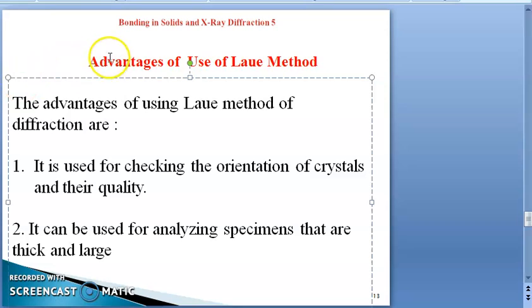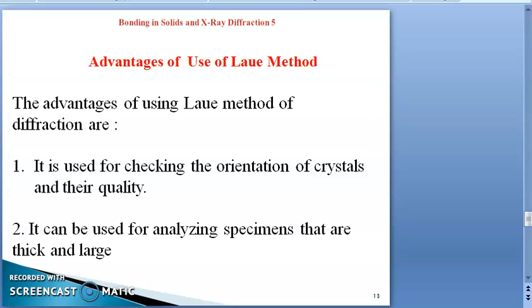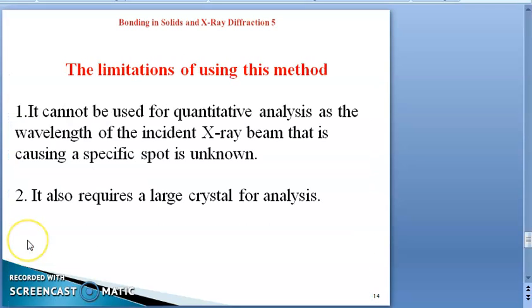So this is another advantage of using Laue method. Already I have told you, as this method has advantages, then surely it has limitations. Then what are the limitations?